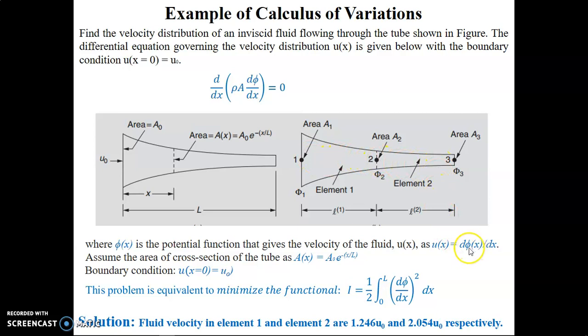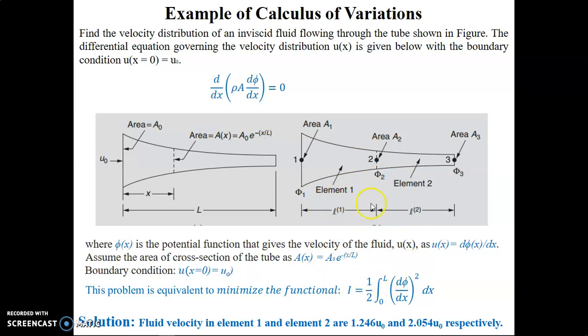So once you find the value of the stream potential, you can differentiate it with respect to x and put its value in I. Now the next step is to differentiate the value of this integral, that is I, with respect to potential function at the node 1, 2 and 3, and thereby you will be getting three equations. When you combine these three equations in the matrix form, again you will be getting the equivalent equation of Kx is equal to P for the fluid flow problem.